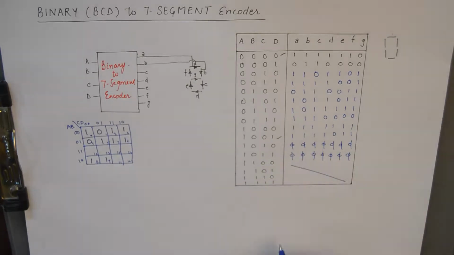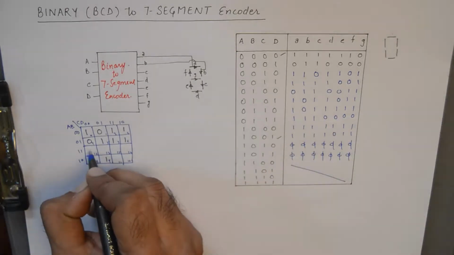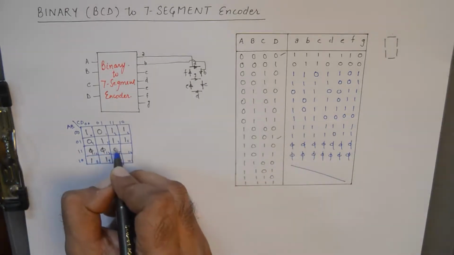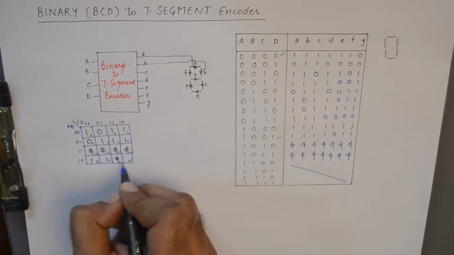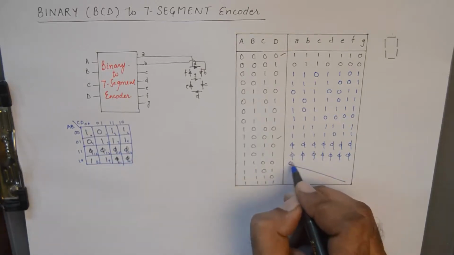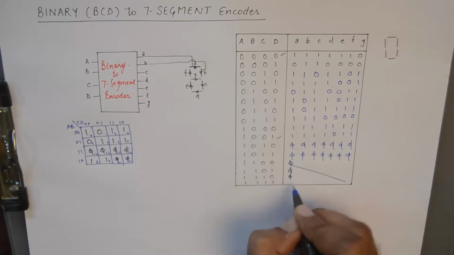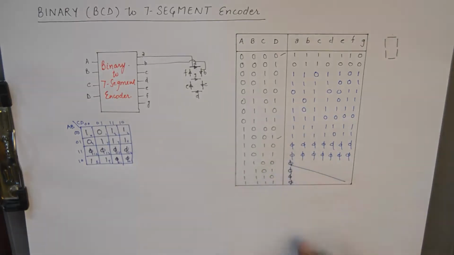And then the rest of them are do not care. So we'll get a do not care for 6 sets of inputs for sure in every case.